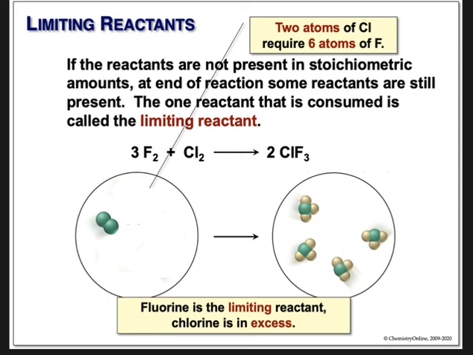When we're done with this, we're left with chlorine by itself, aren't we? And 4 moles of product. The question here is which reactant is limiting? Limiting was our fluorine. We've used it all up. Excess reactant is the chlorine. We have some left over.